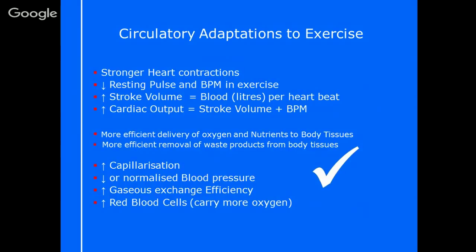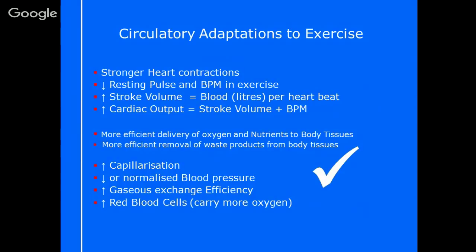The other thing that increases is your cardiac output. So think heart output. Cardiac output is basically your stroke volume times your beats per minute. So you get stroke volume times beats per minute, and you end up with your cardiac output.